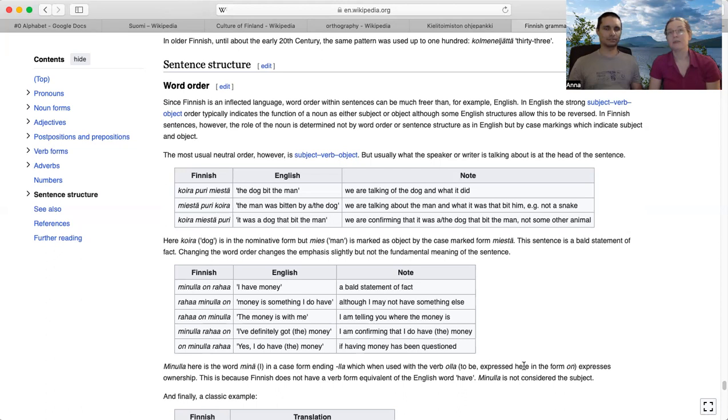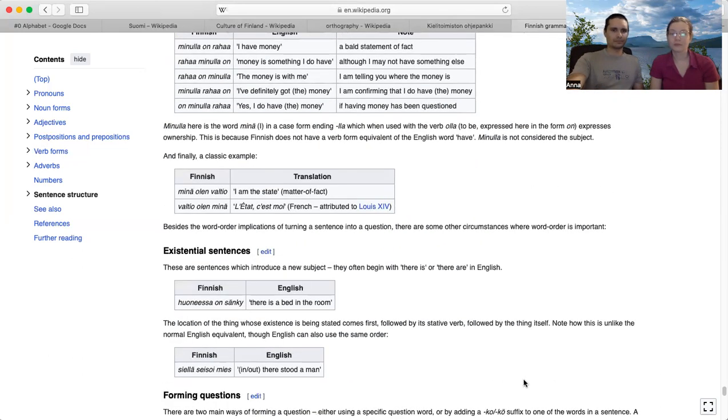Yeah, unlike English, because in English the word order shows the connection between the words, because English doesn't have any cases. But in Finnish the cases show the connection between the words and their relation. So this is why the cases make Finnish such a flexible language. You can put the words in any place because you can see from the case the relationships between the different words.